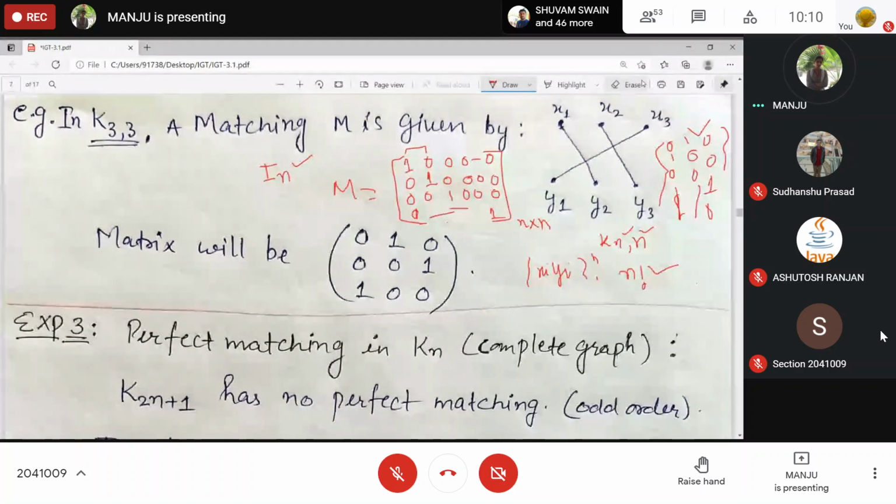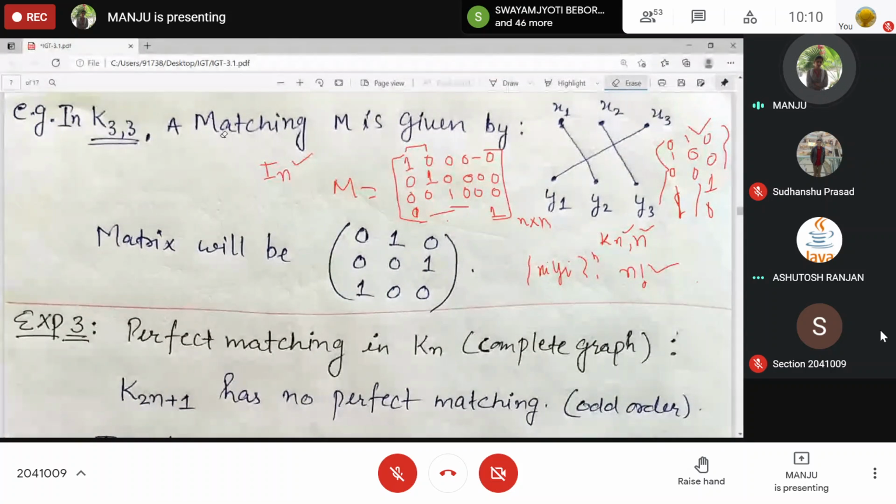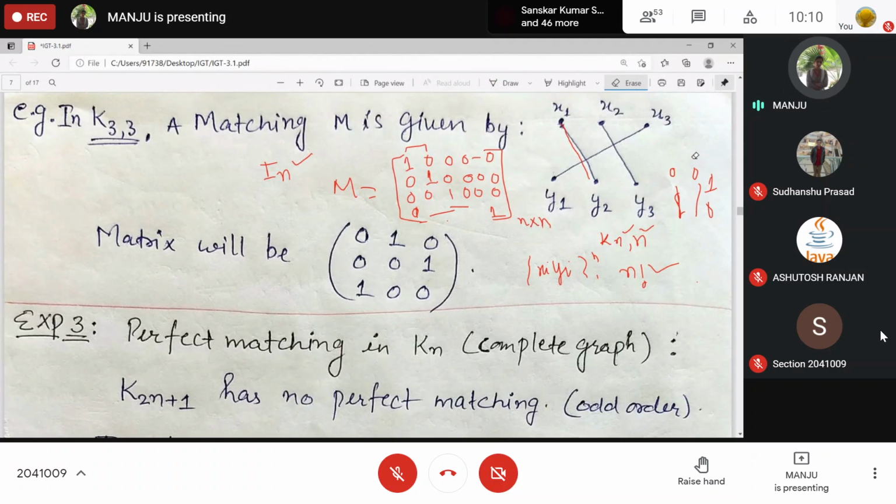Got it? And for example, here also a matching in K_{n,n} is given. Out of K_{n,n}, we have chosen only K_{3,3}. K_{3,3} has how many edges? 9, that is 3 times 3, right? Out of these, we have chosen 3 edges.